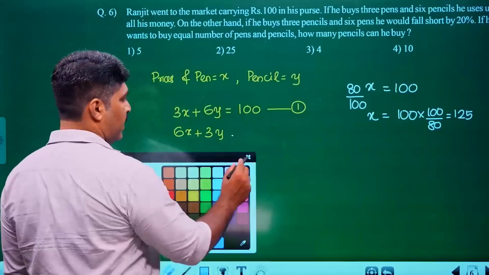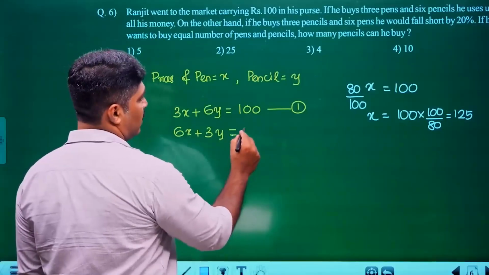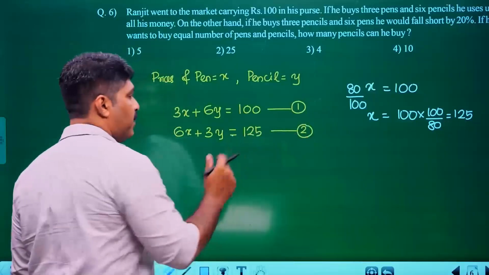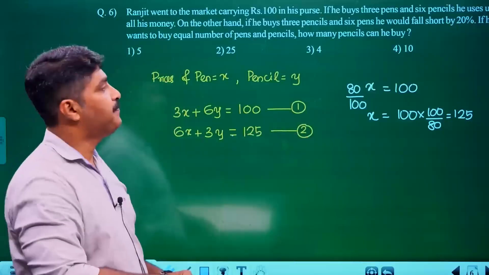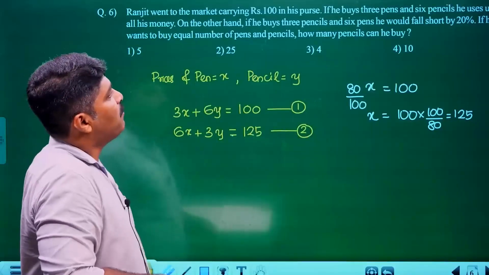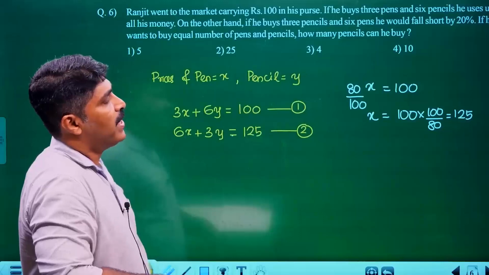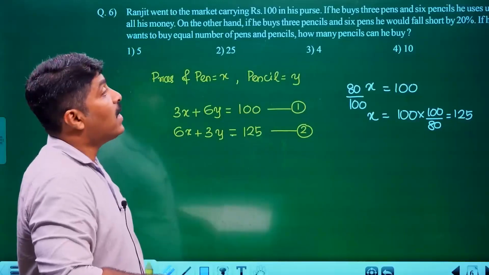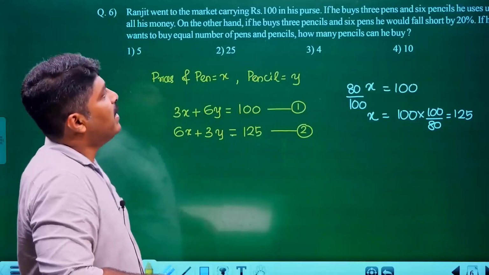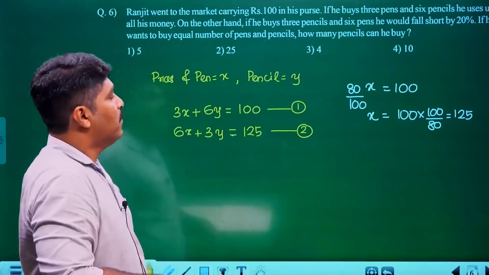Here is the second step. That's why I already mentioned the point: you have to be alert while we are doing the second step of operation. Then we need to find out, if he wants to buy an equal number of pens and pencils, how many pencils he can buy. What is the logic here?